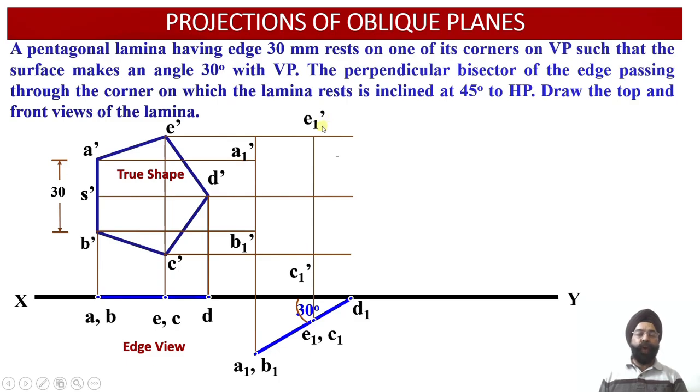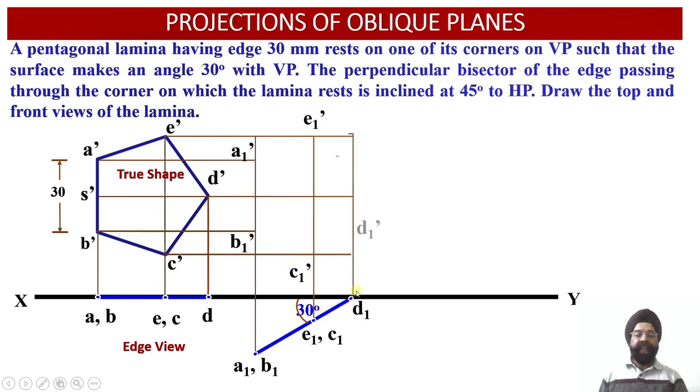Similarly, E1 dash point in the front view projection has been obtained by virtue of the intersection of the vertical projection line drawn through the point E1 and the horizontal projector line drawn through the point E dash over here.